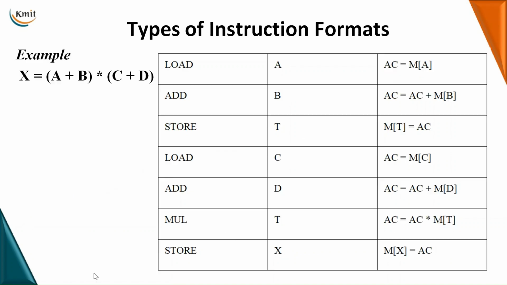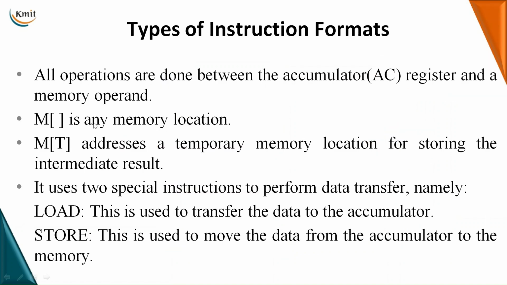M of means a memory location, and M of T is a temporary memory location used for storing intermediate results. This instruction format mainly uses two special instructions, load and store. Load is used to transfer data to the accumulator, whereas store is used to move data from the accumulator to a memory location.